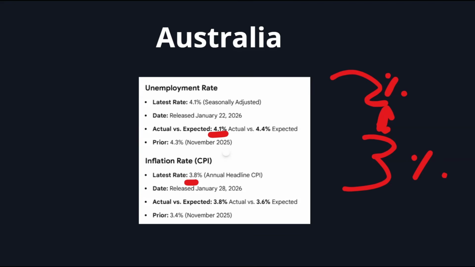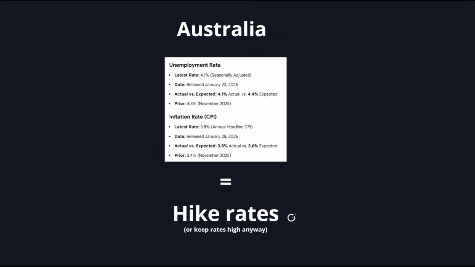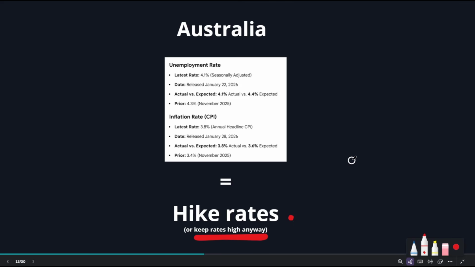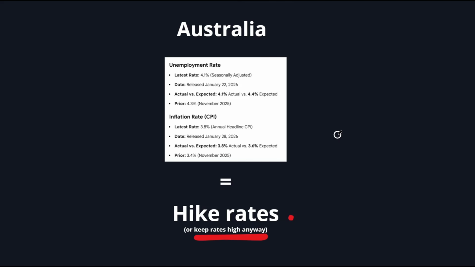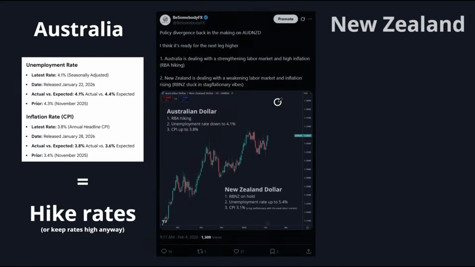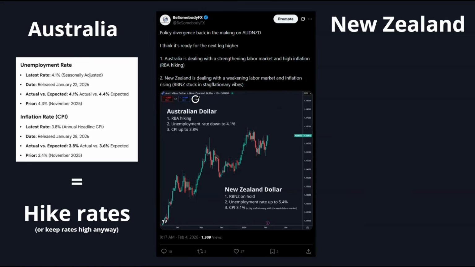Of course not. You will be laughed out of the building if you did that. Your only two choices are either hiking rates or at least keeping them high. Why? Because you want to lower inflation. And so this right here was the first side of the divergence forming. Okay, the first piece of the puzzle for this trade to start taking shape.